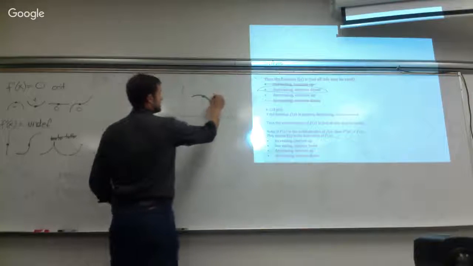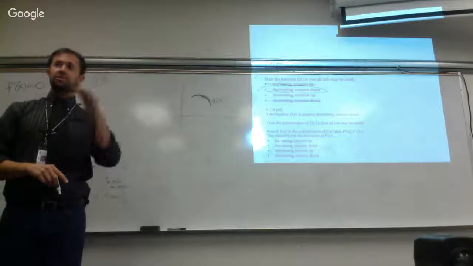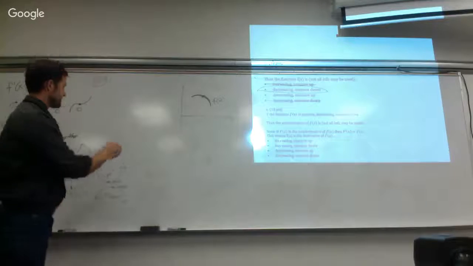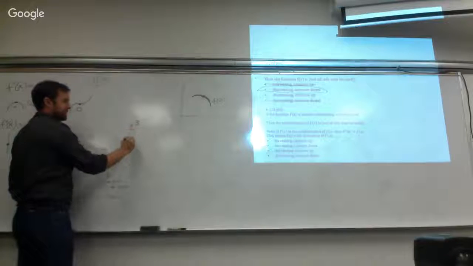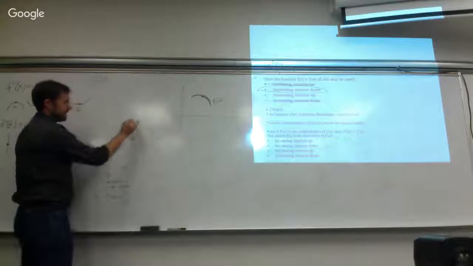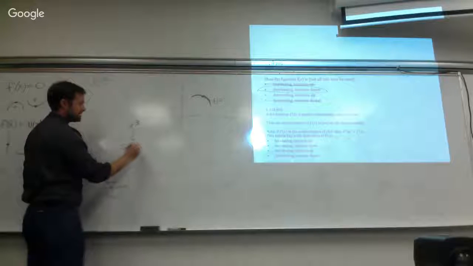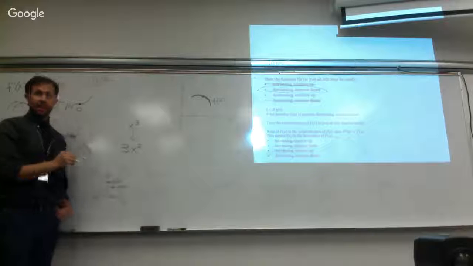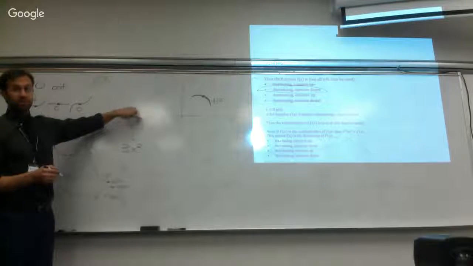So this is the function. And the antiderivative means doing the reverse direction of the derivative. So for instance, let's say that we had x cubed and we wanted to take the derivative. What would we do? We would bring the 3 out front, multiply by the exponent, and subtract 1 from the exponent.